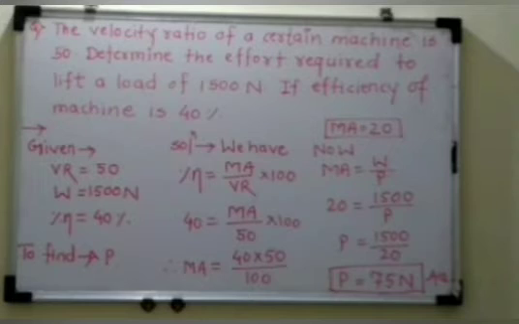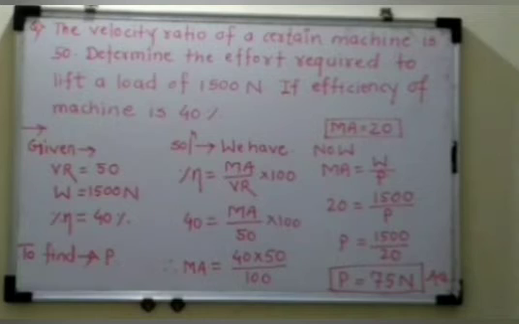So this is the trick. See, initially when they ask us about the calculation of P, we don't have a special formula for P. So how do we proceed? First of all, we identify the values in the numerical. They have given us the value of efficiency, that is 40, and we already know the formula of efficiency.